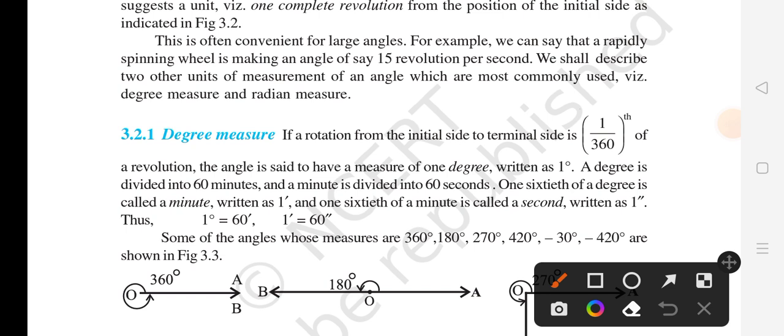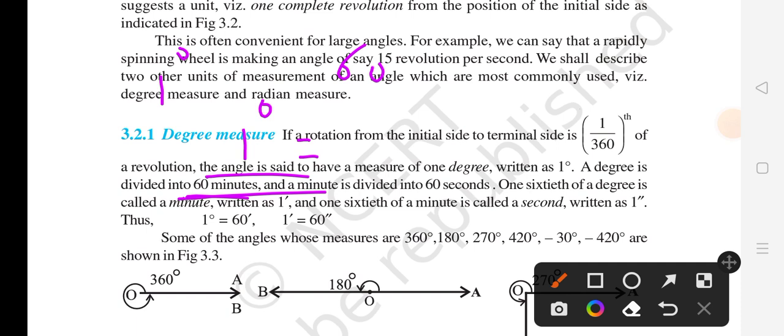Okay, so a degree is divided into 60 minutes. 1 degree can be divided into 60 minutes, and a minute is also divided into 60 seconds. 1 degree is denoted by a small circle. 1 degree is divided into 60 parts, that means 60 minutes.